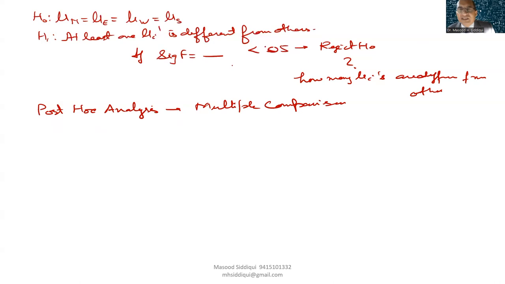So first we decide through the F value whether we reject or not. And if H0 is rejected, then we want to know which one is different. For that, we do post hoc analysis, in the form of multiple comparison among the different groups. Now we will run the analysis and later discuss the output.